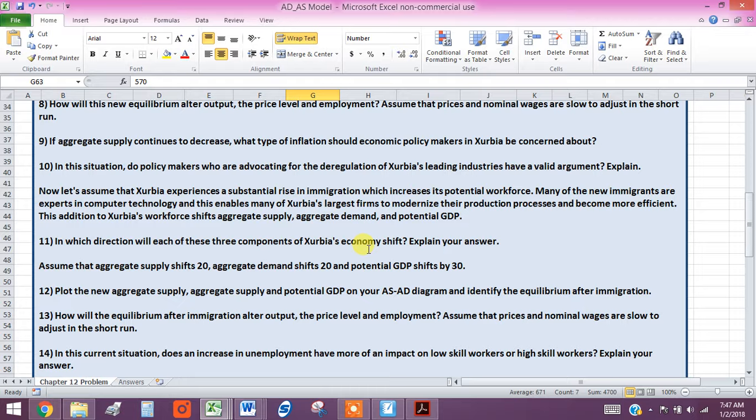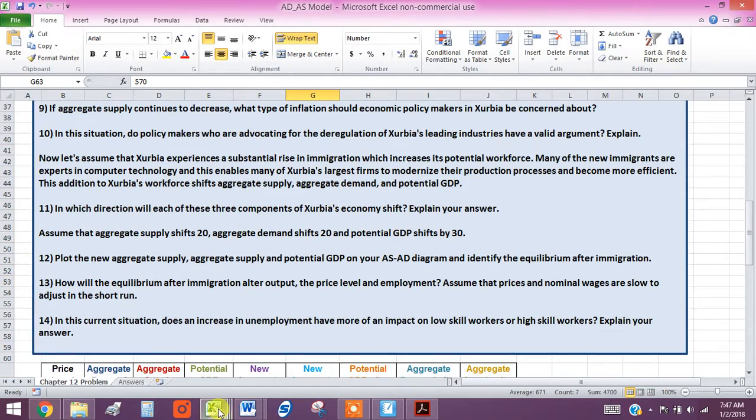So let's look at the first one, which is aggregate supply. Well, if we lower the cost of production, which it says right here, because we're going to become more efficient and have some better technology, that's going to shift the aggregate supply.